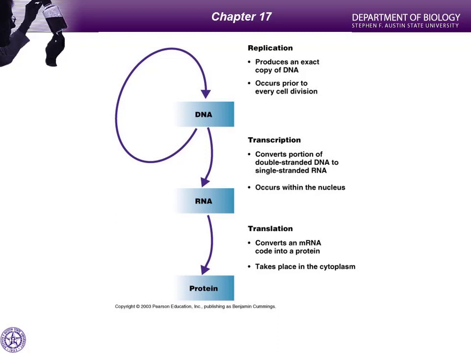What's being replicated? New DNA. It's in the S phase. We go from being a chromosome to being sister chromatids because we made our copy. And the reason we did that is our daughter cells have to have that genetic instruction because we've got to use that to make proteins, right? That's what DNA is all about, making protein.